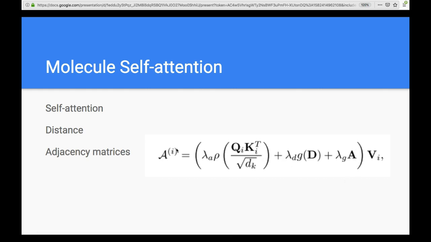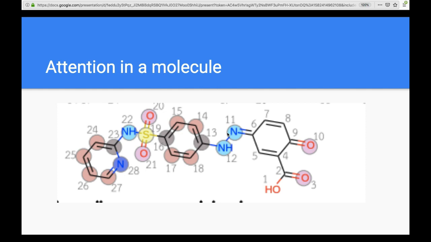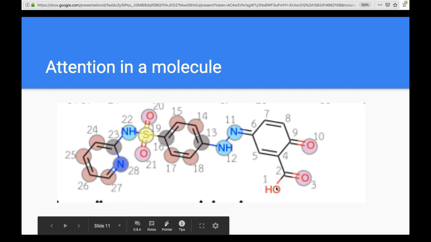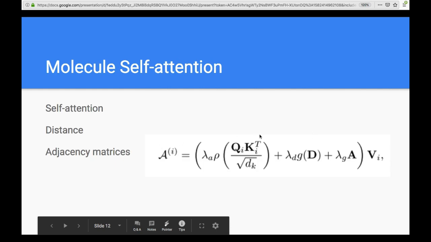Then you will get your attention matrix, which is basically the matrix that decides how important an atom is for a given atom. So after the attention matrix, when we calculate the contextual representation of this molecule, we will know which atoms are more important according to this matrix.